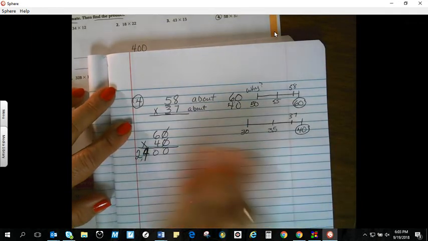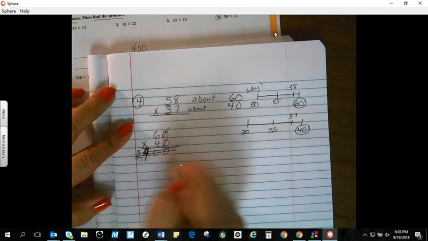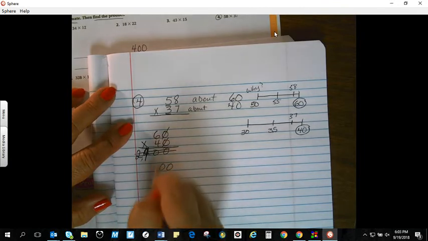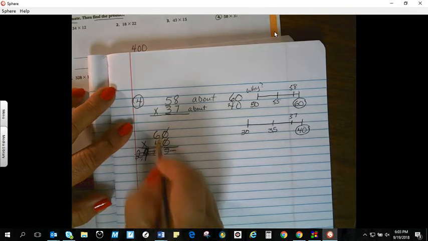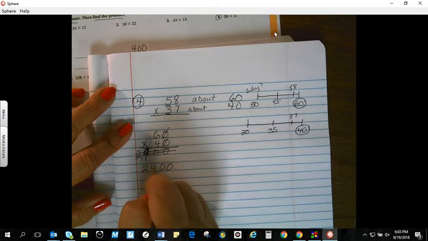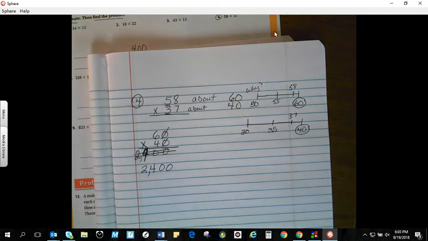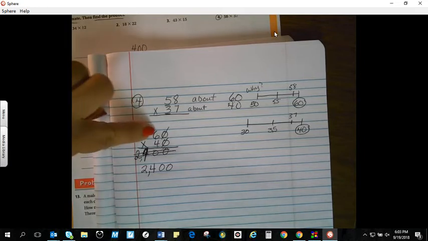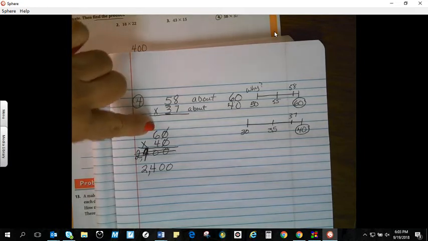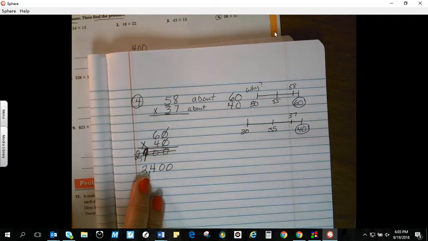Kind of looks like a 9. So let me scratch that out and make it better. It's 2, and then I know that 6 times 4 is 24, so it's 2,400. Again, anything multiplied by 0 is 0. Count this number of zeros, put those into your product, and then multiply what you have remaining. But do keep in mind that you are working with the ones and tens, and how that operates into your product.